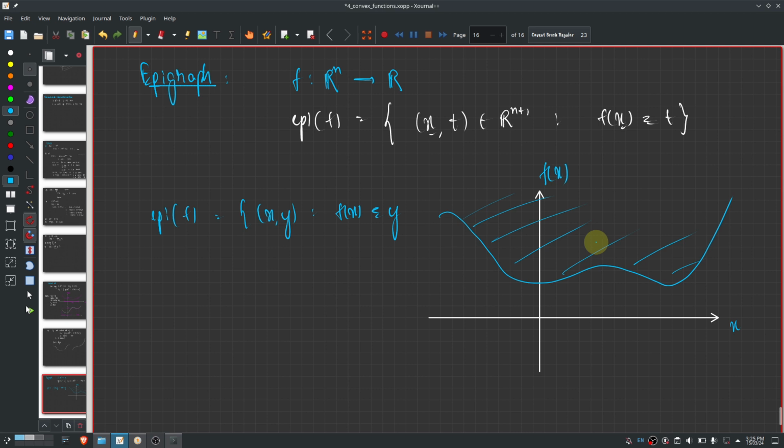So now if f is convex, then what can you say about the epigraph? What kind of a set is the epigraph? Yeah, it's going to be a convex set.